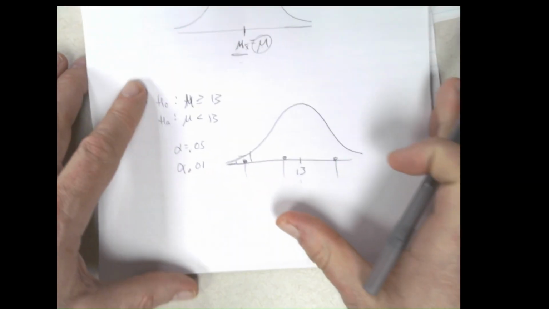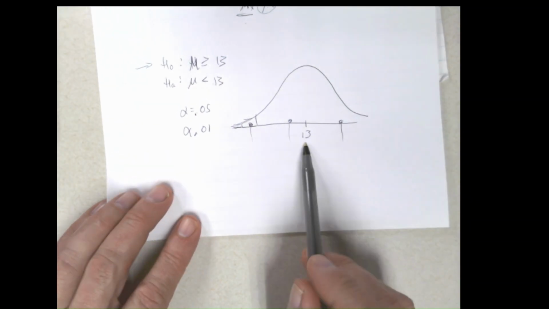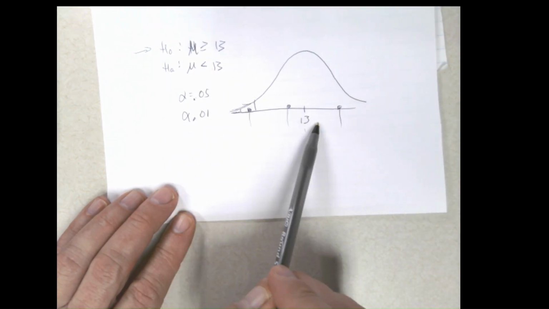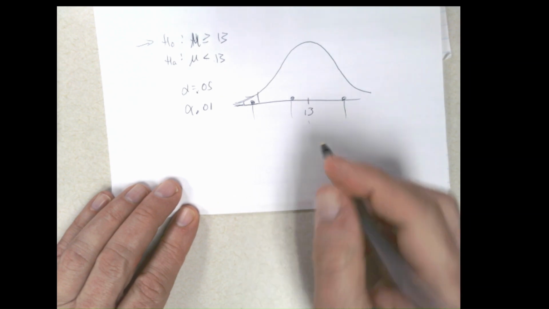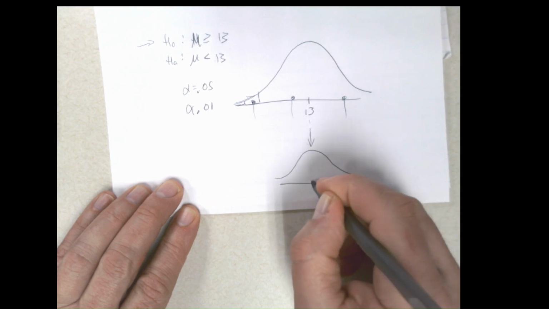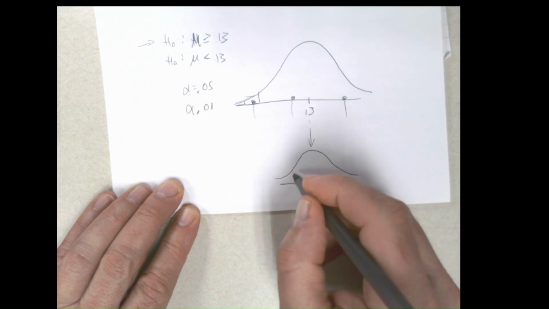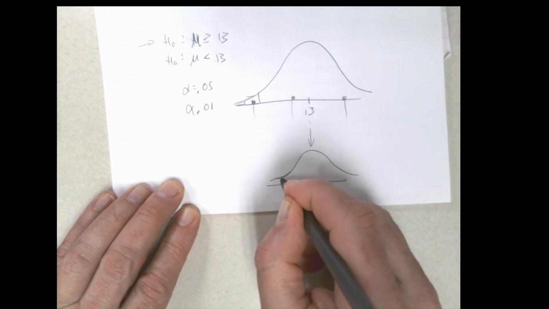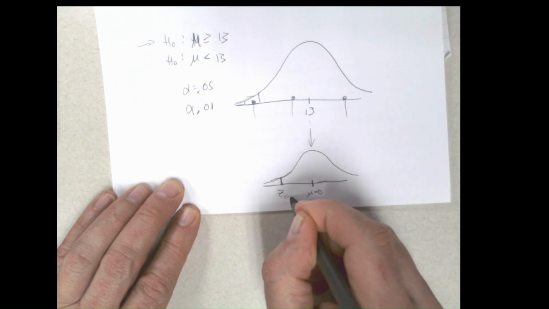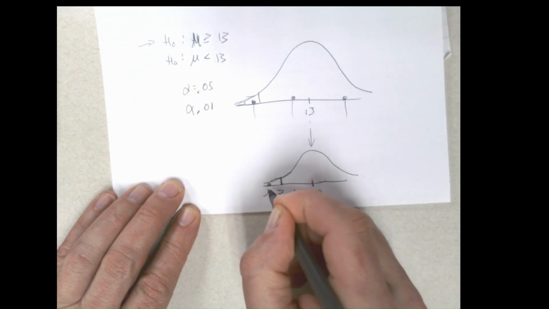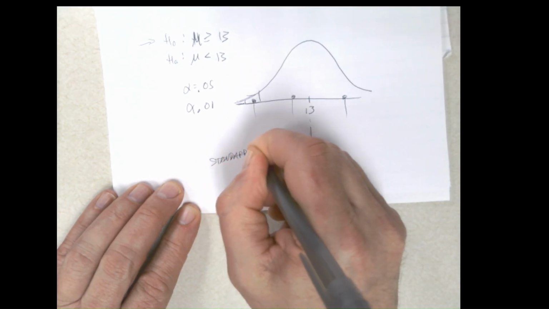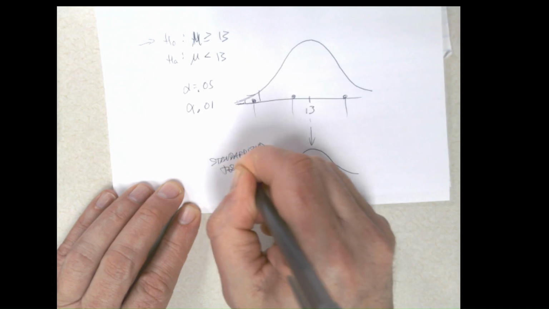Now, typically when these tests are done, you don't use the x values, the data point values. You use the standardized values. So this translates to the standard normal, where the mean is equal to 0. And the critical values then, like the critical value down here, this is z critical, and this is the standardized test statistic.